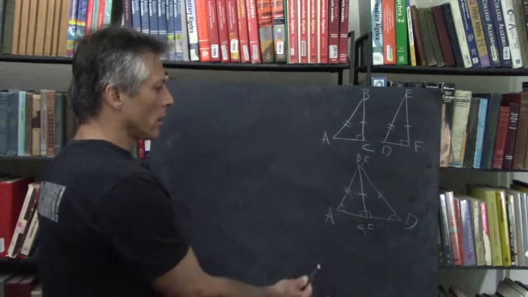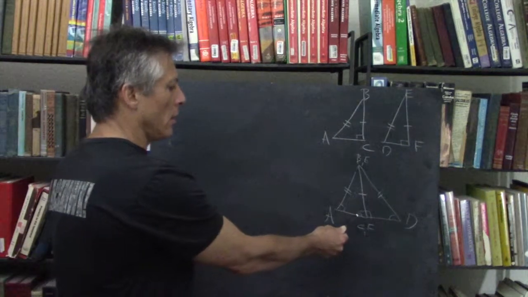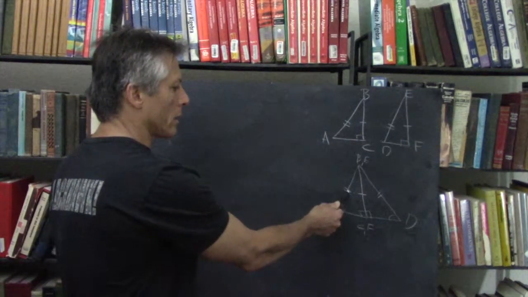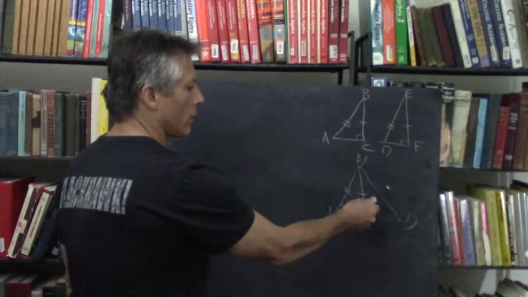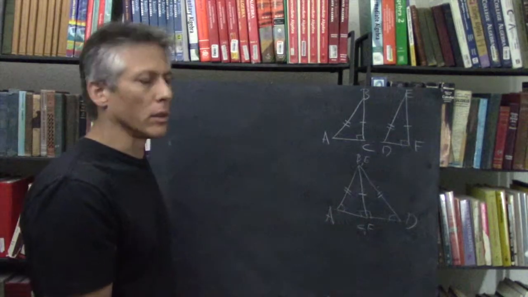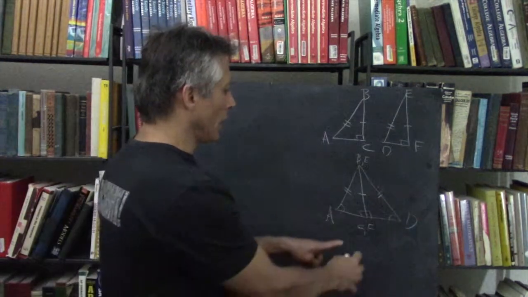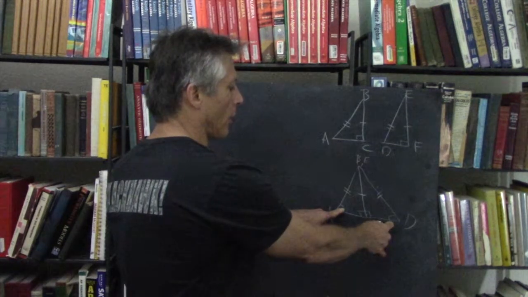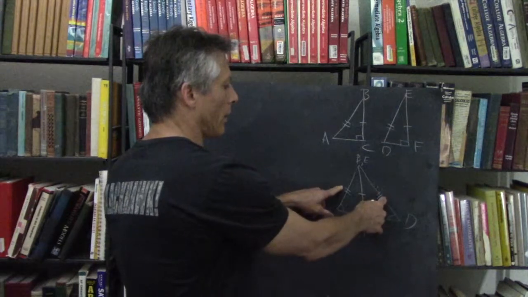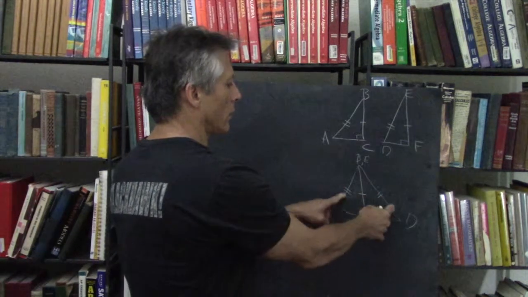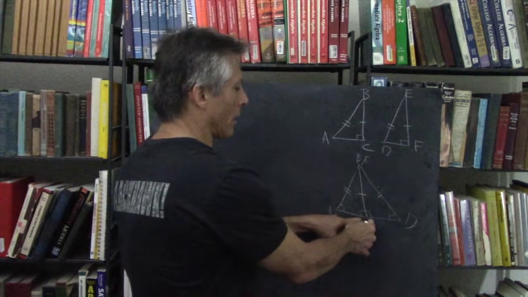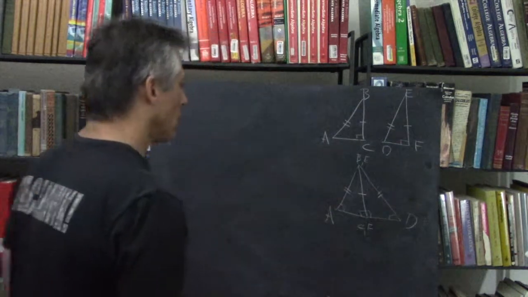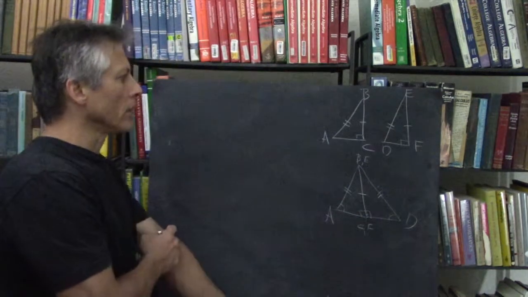Then we can use the angle-angle-side theorem to show that the two triangles are congruent, because we have a pair of angles, then another pair of angles, and then a pair of sides. Angle, angle, side, calling them out in order as we find them. So that's how we're going to prove these are congruent.